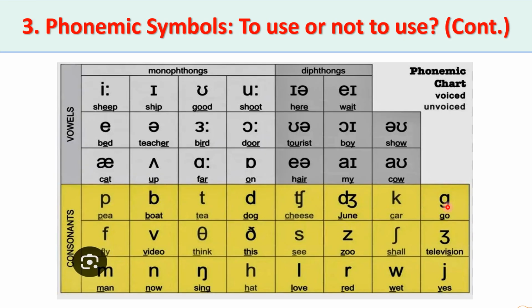And next, the young learners who are around 10 to 12 or 13 years old. This is what we call late or upper primary level. At this level we can teach them, but just a small part of IPA, not all of it.